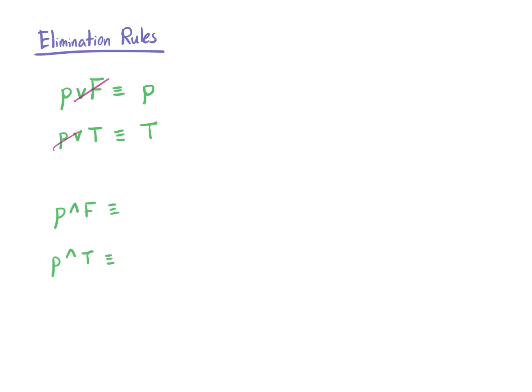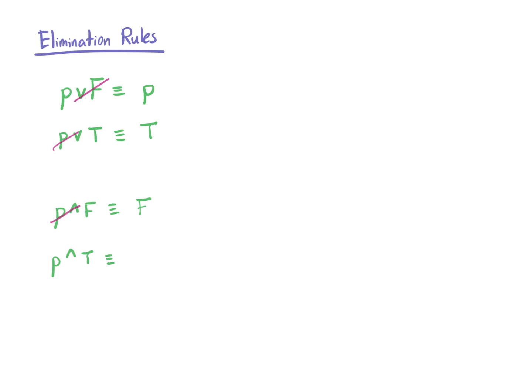Similarly, P and F, P and a contradiction, is never ever true because it can't be the case that both of these inputs are true simultaneously, because one of them is always false. So this means that P and F is itself a contradiction.